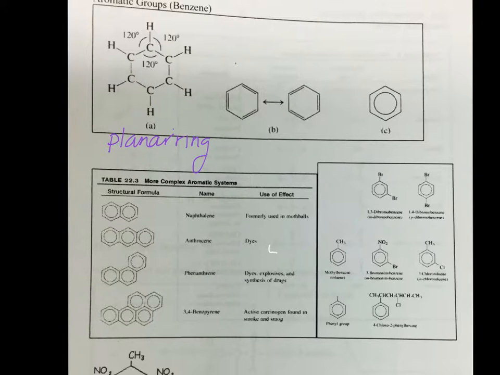The middle structure is showing you the resonance structures. So here you have your double bonds in alternating positions. And the last one is actually the usual representation.